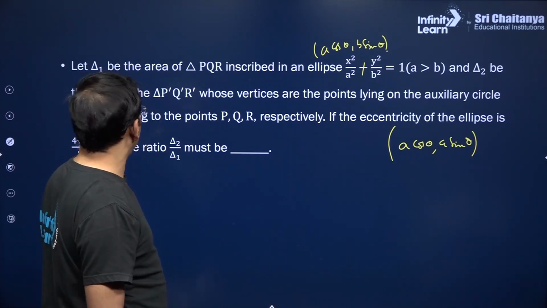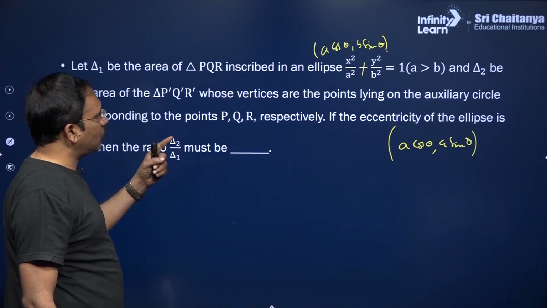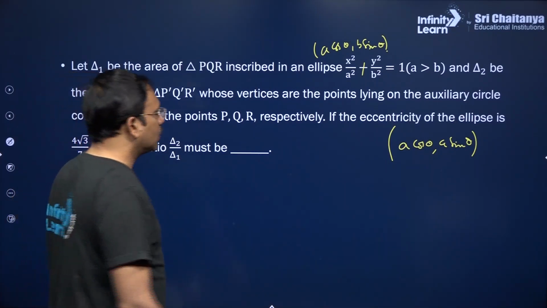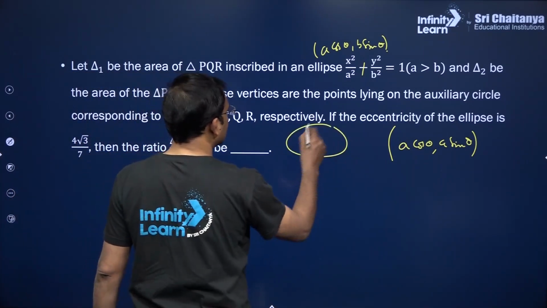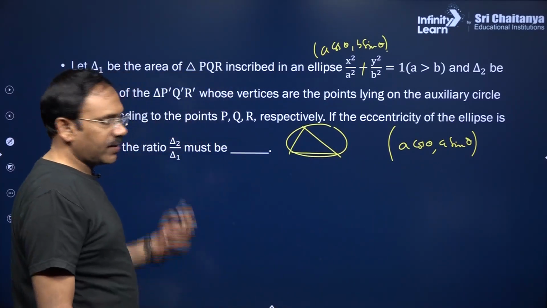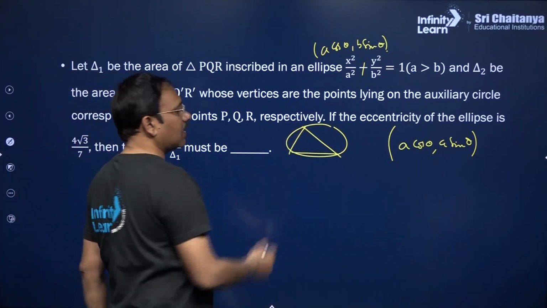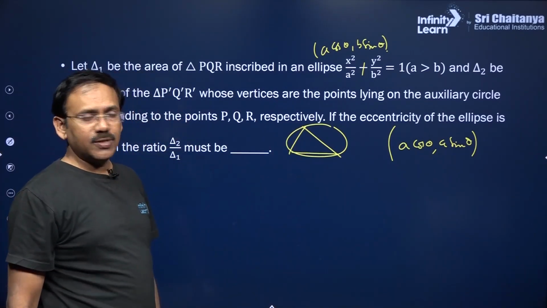So my dear friends, he is asking, the area of delta 1 be the area of triangle PQR inscribed in an ellipse. So this is the standard ellipse. So the points will be A cos theta, B sin theta, A cos theta 2, B sin theta 2.